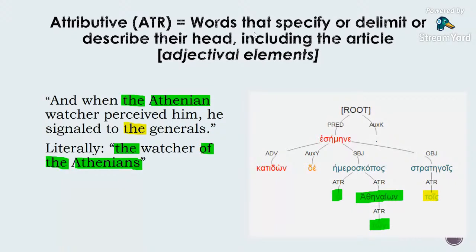So in this sentence, we have the watcher of the Athenians signal to the generals. So these words are all labeled as attributes down here. Whereas the participle here is not necessary to the noun, it's not the watcher who was looking. It is an adverbial aside with this participle when he saw them, right?